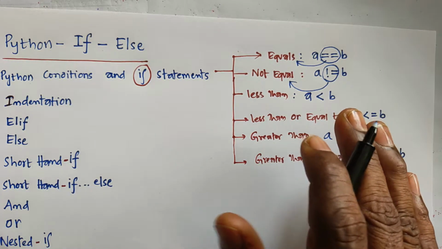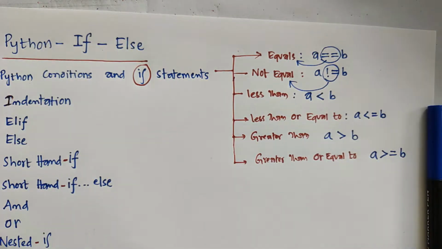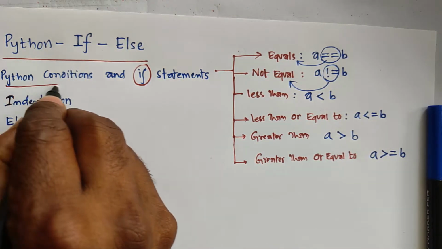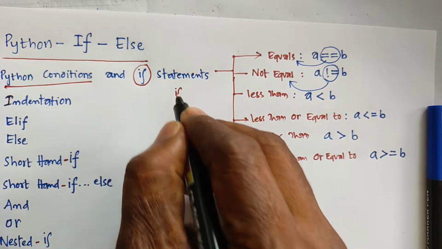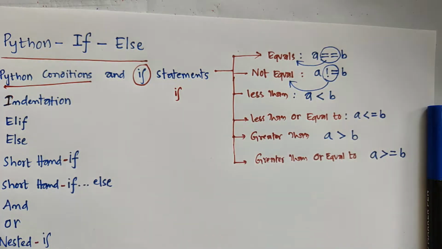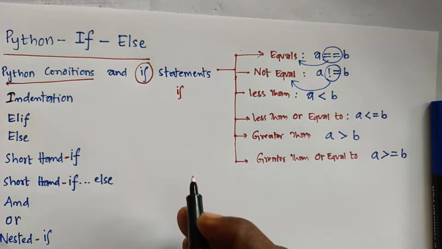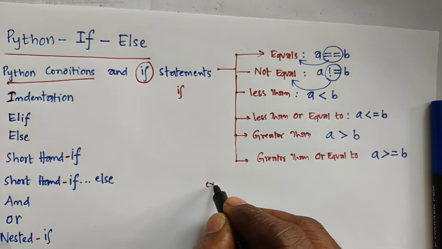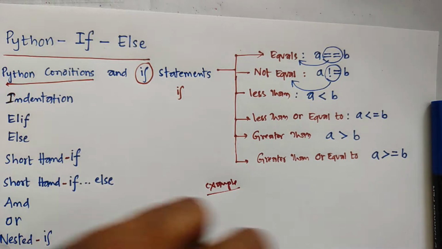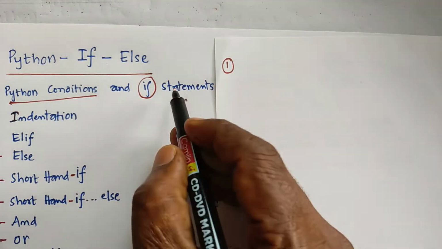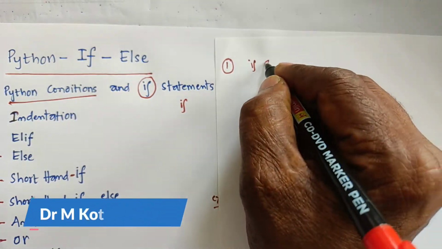For example, the if statement uses these Python conditions we discussed. The if condition is represented with if. How can you define the if statement?